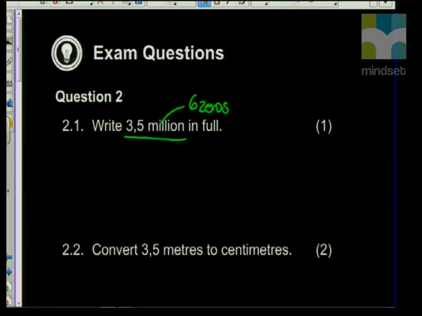Just be careful because there is a decimal place there, which then suggests that you need to actually have that 5 included in those zeros. So the best way of doing this is to actually say 3,5 times 1 million, which has the 6 zeros. And if I do this on my calculator, I will never get the wrong answer because it should be 3,500,000.